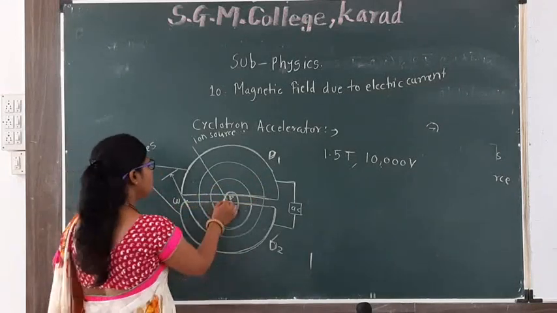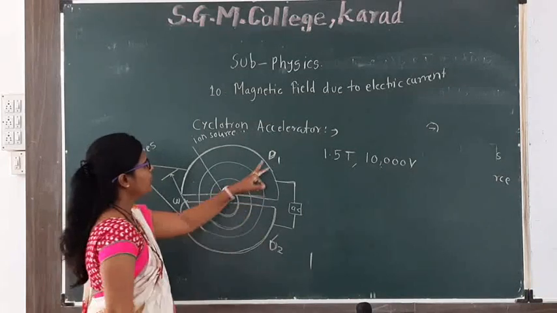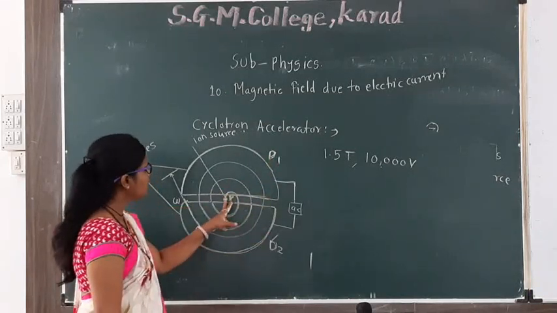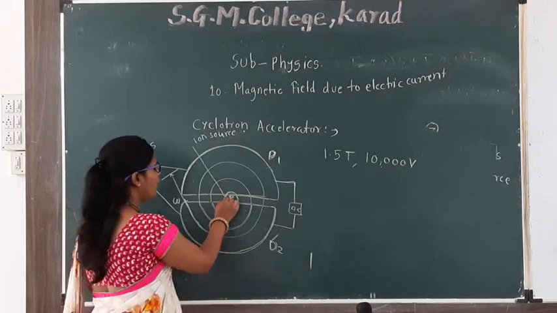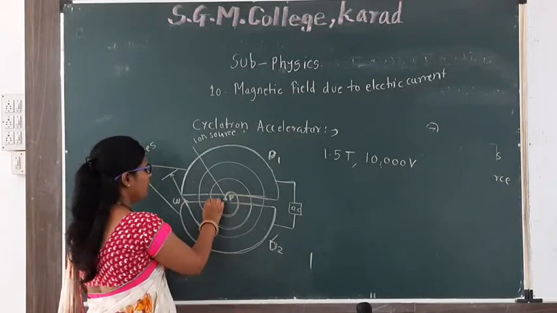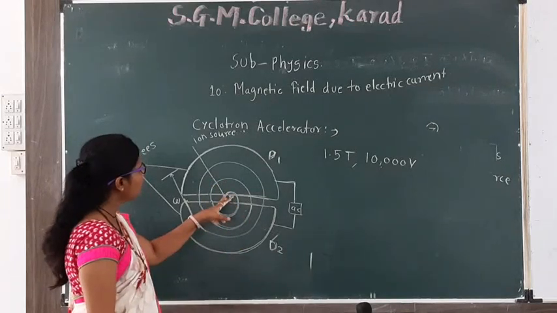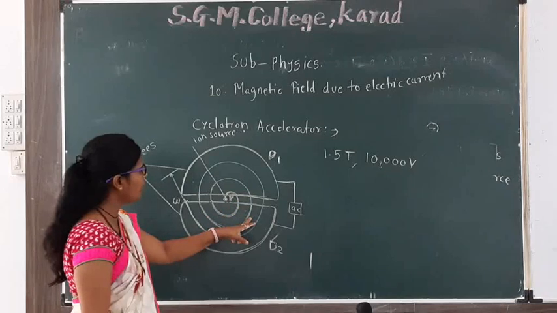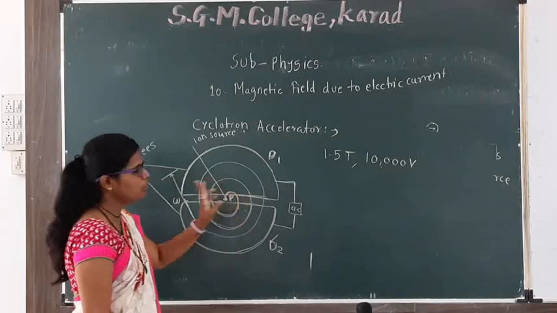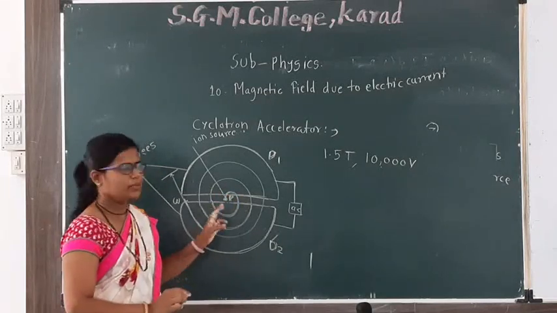Now, the positive ion is placed in the gap between D1 and D2. These positive ions perform semicircular motion, cross from one D to another, and reach the gap between the two D's once again.